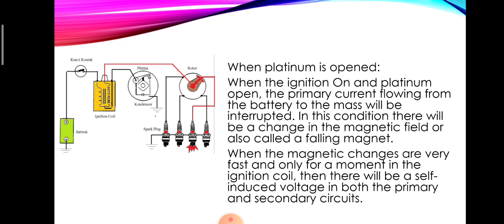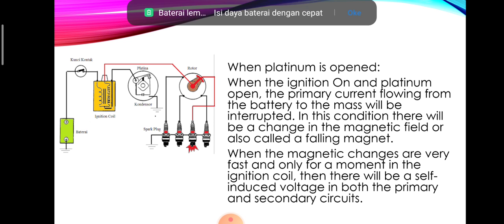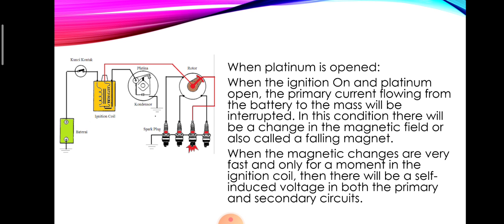When platina is opened, when the ignition is on and platina opens, the primary current flowing from the battery to the mass will be interrupted. In this condition, there will be a change in the magnetic field, also called a flux change.